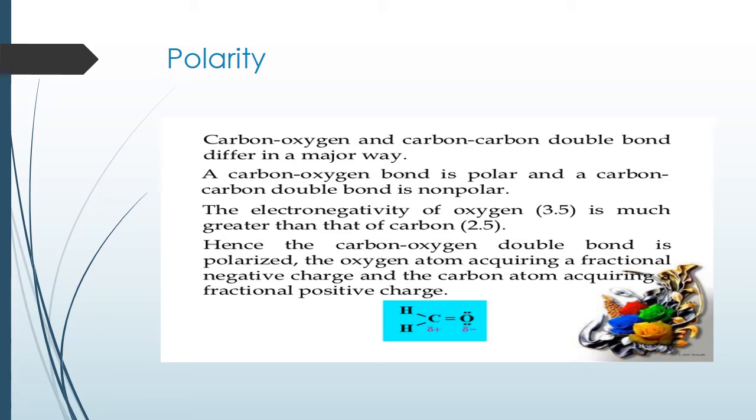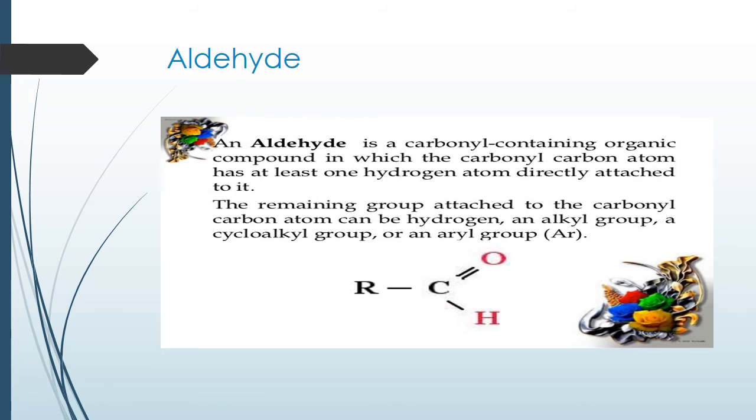Now, which compounds come in the category of carbonyl compounds? Aldehydes and ketones. Both of them are organic compounds which contain the carbonyl carbon atom. Look at this, C double bond O as a functional group is called a carbonyl compound. Now, how do you differentiate aldehyde and ketone?